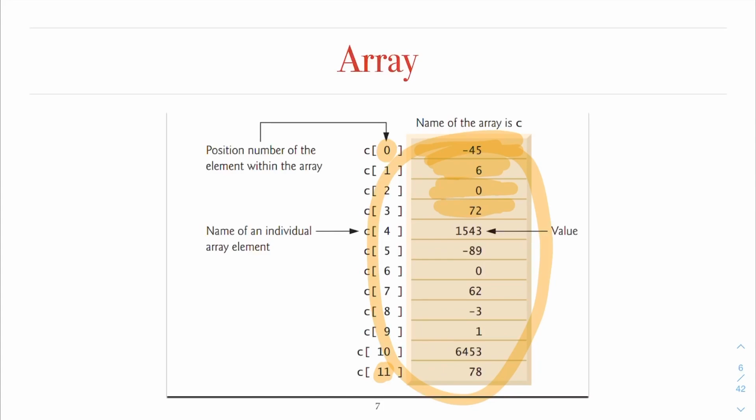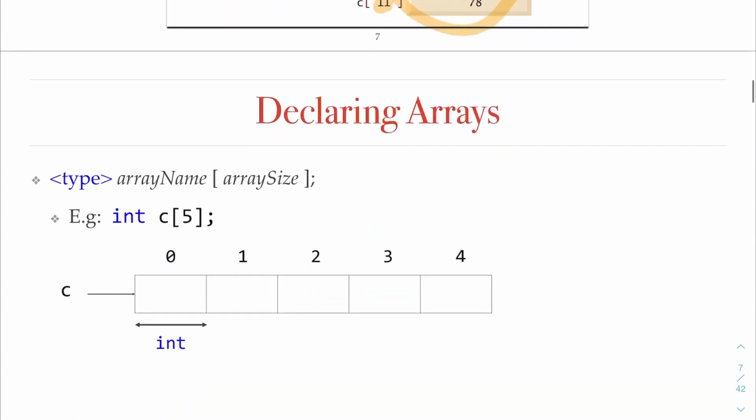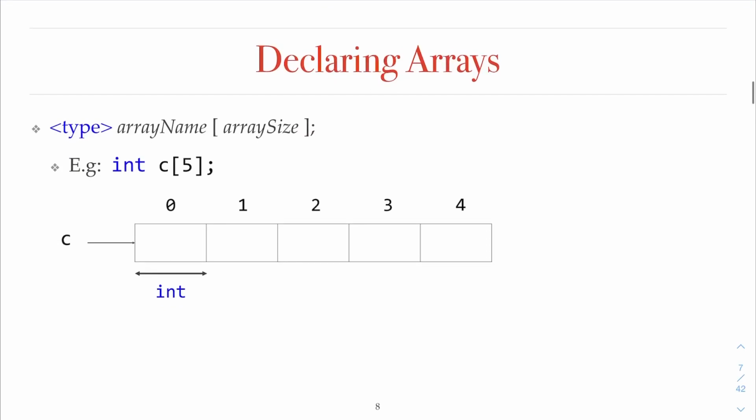You can think of it as a sequence of memory slots. For declaring an array, you need to declare it as a normal variable, except that you need to specify the size of that array. Here is the array size. For example, you see here we have C as an array of integers, and that array has 5 elements.